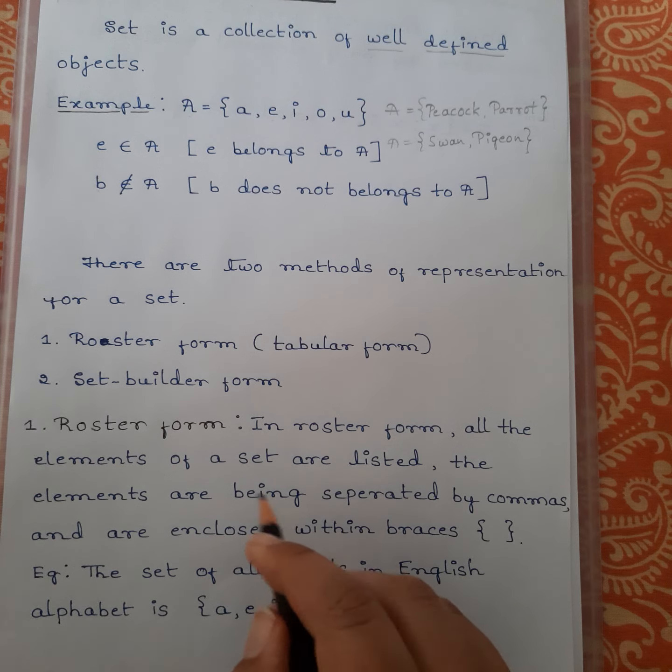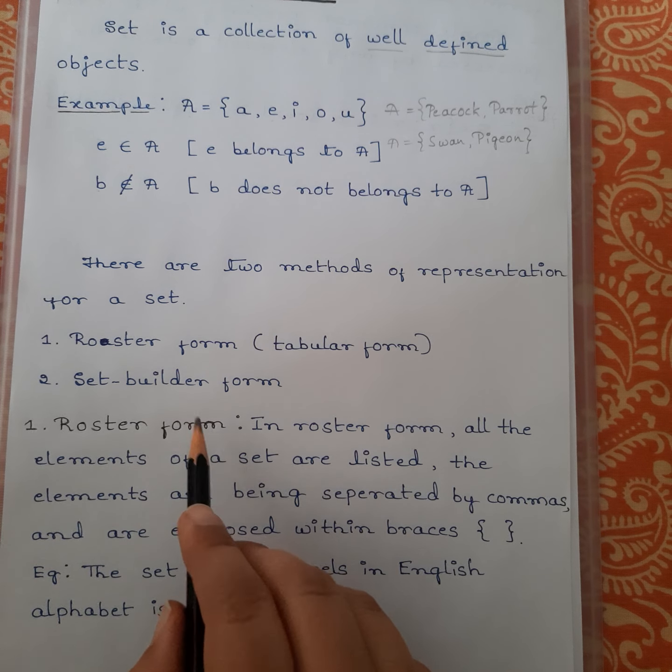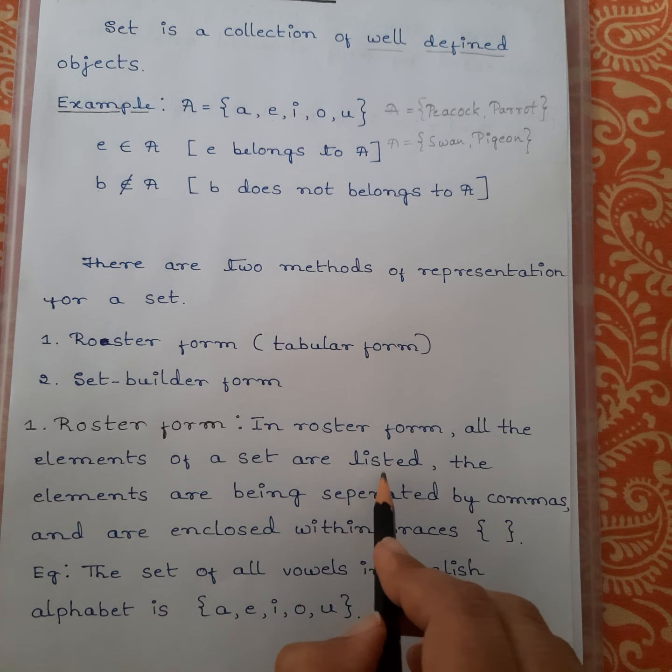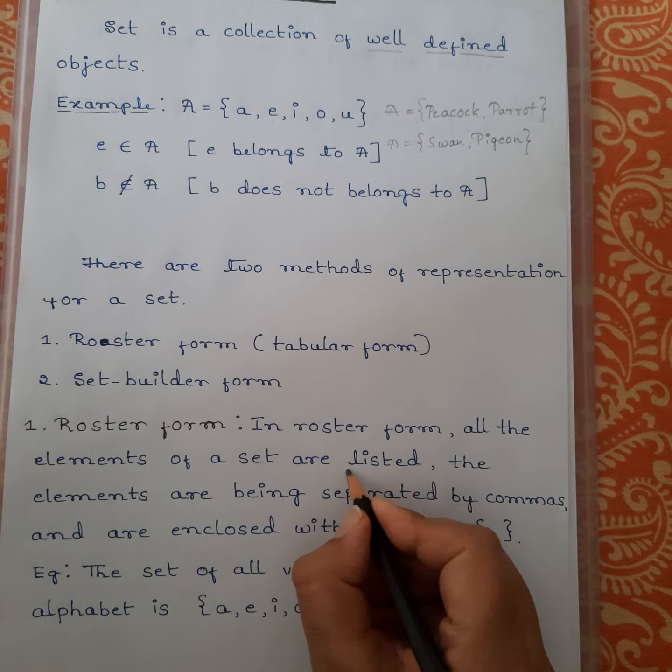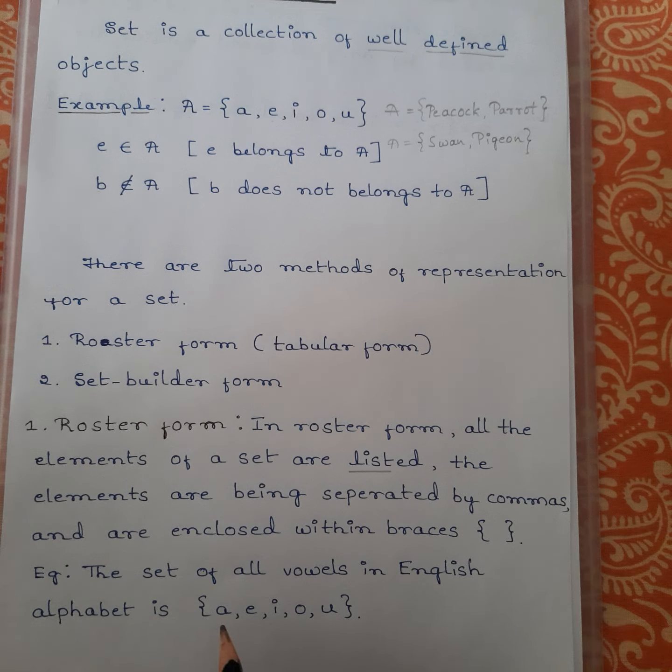For example, the set of all vowels in the English alphabet is the set {A, E, I, O, U}. So in roster form we are going to list out all the elements of the set like this: A, E, I, O, U. The only thing you need to remember is that in roster form we list out all the elements in the set.